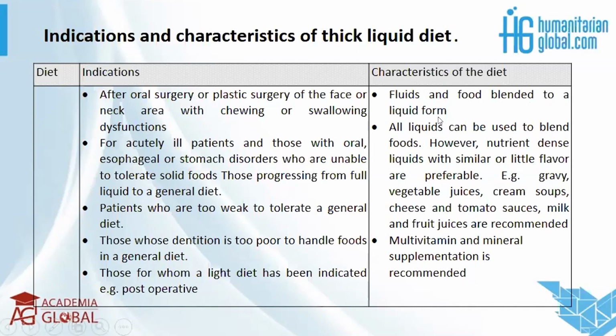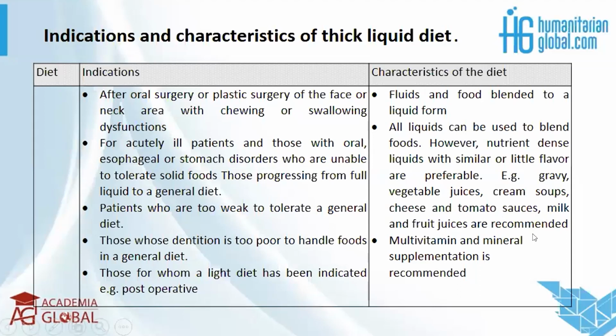That should be noted, not just a liquid, but a thick liquid. All liquids can be used to blend foods. However, nutrient-dense liquids with similar or little flavor are preferable. So some of the liquids that can be used include gravy, vegetable juices, cream soups, cheese and tomato sauces, milk and fruit juices.